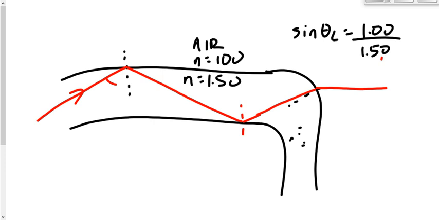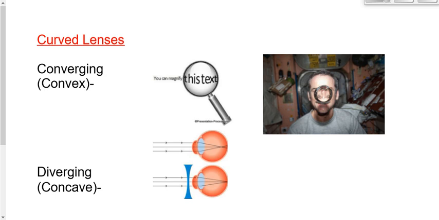How come? Because the critical angle is smaller if you create a higher index of refraction there. Critical angle is smaller, and that creates more possibility of total internal reflection taking place. In other words, if you do bend it somewhere, there's less possibility of that light refracting out. Make sense?